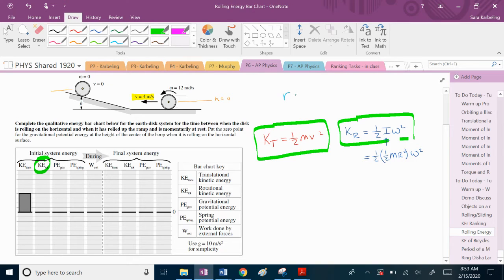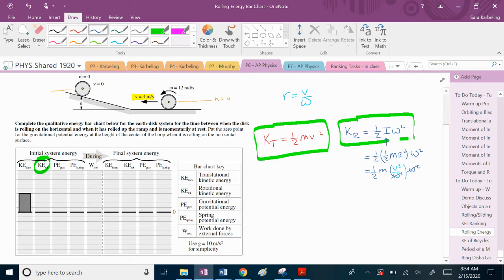Remember, we said last time that r was equal to v over omega. So instead of writing r, I'm going to write v over omega. I'm going to put those 1/2s together because I can. m times v squared over omega squared times omega squared. And again, you see those omega squareds canceling out.